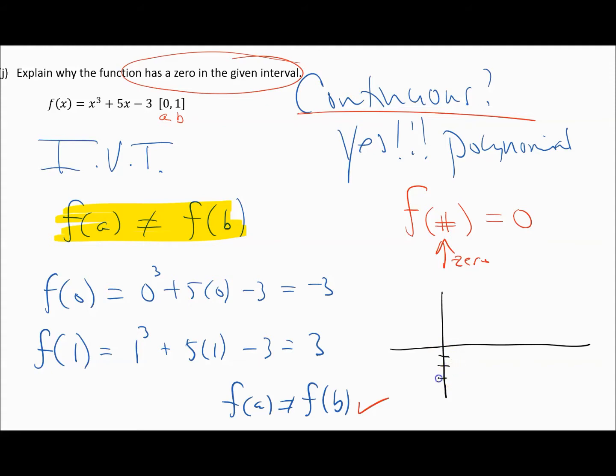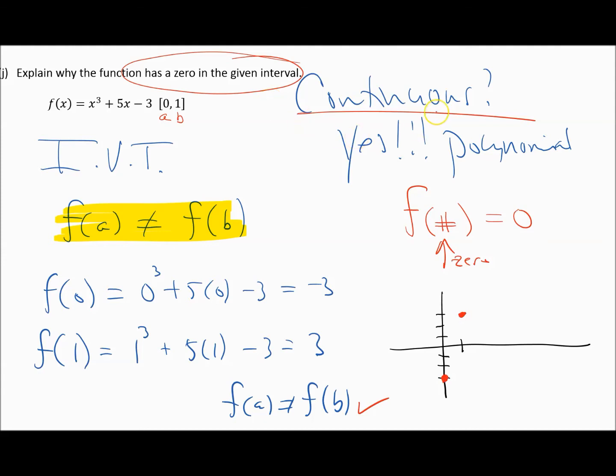So 0, and I'm going to do this in red, my answer was negative 3. And then when we plug in 1, so here's 1, we got an answer of positive 3. So far, so good. That's what I found out.